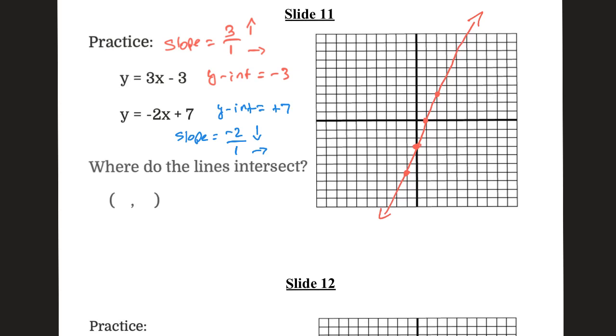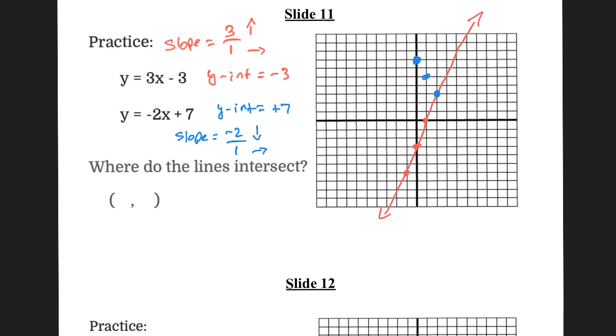So let me graph this guy now. +7, 1, 2, 3, 4, 5, 6, 7, right there. And then I'm going to go down 2, over 1, right there, down 2, over 1.